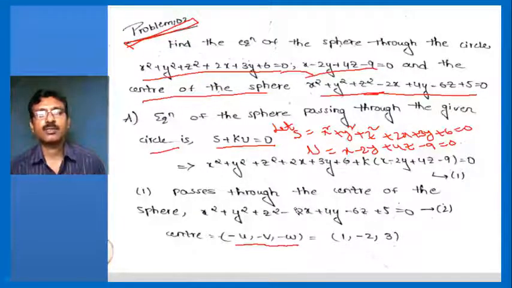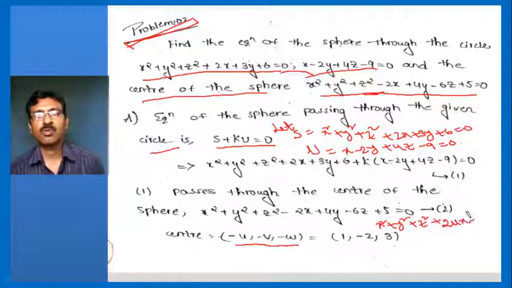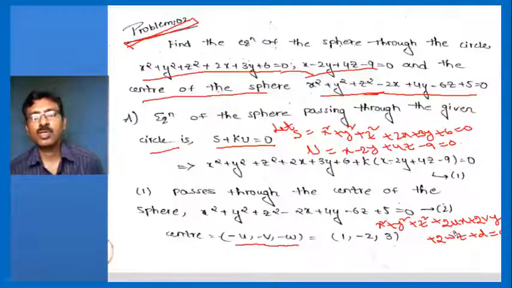That is, we compare this equation 2 to the general form, x square plus y square plus z square plus 2ux plus 2vy plus 2wz plus d equal to 0.